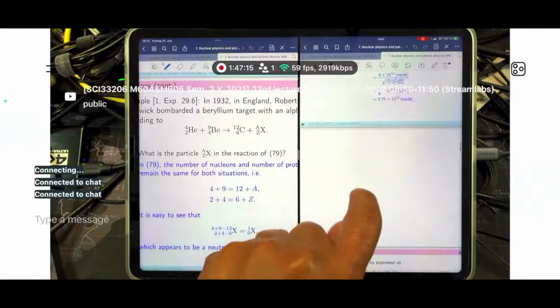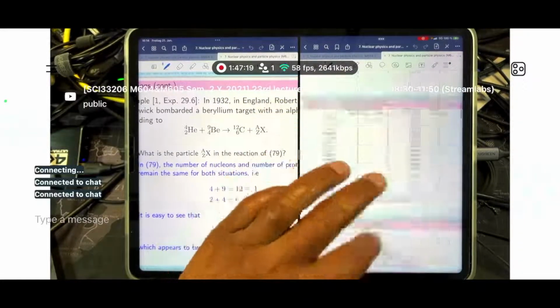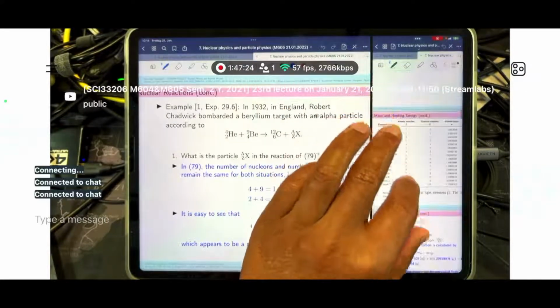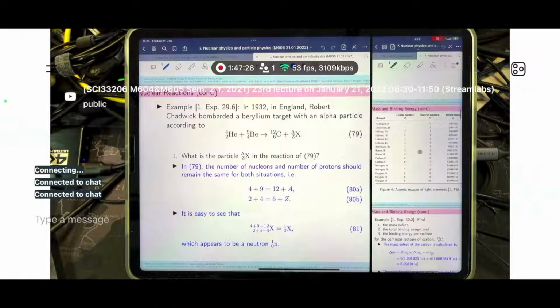Here we have beryllium-9, which is one of the isotopes. We also have beryllium-8. Before, we have considered beryllium-8.